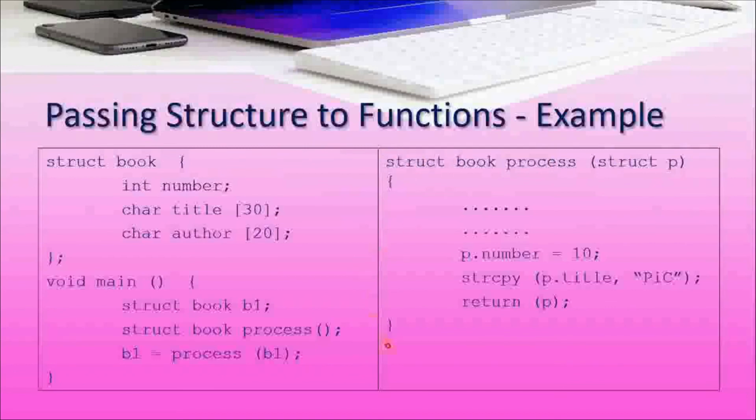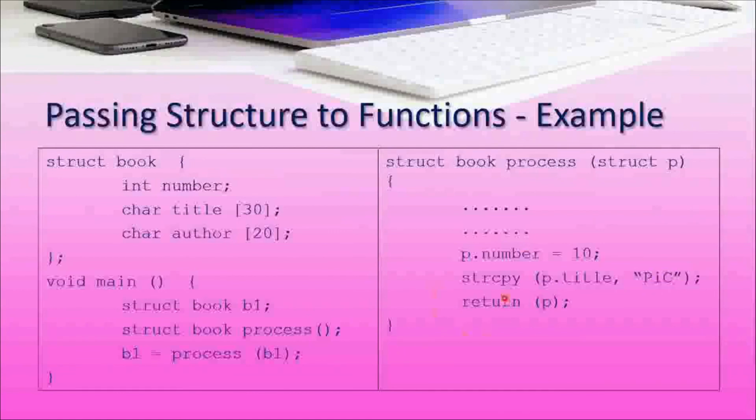So there are some operations being carried out, we don't know what they are, but the final things are: p.number is equal to 10, so whatever structure is coming in, the number is being changed to 10. Then strcpy(p.title, "PIC"), the title of that particular structure will be changed to PIC.